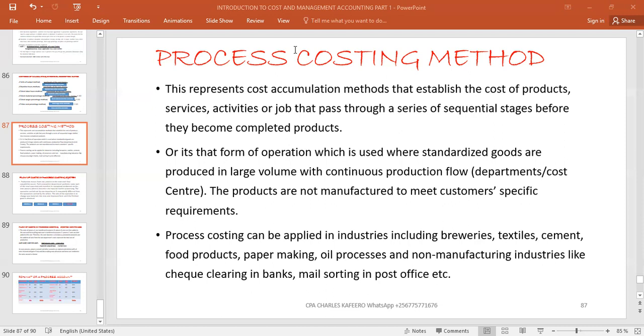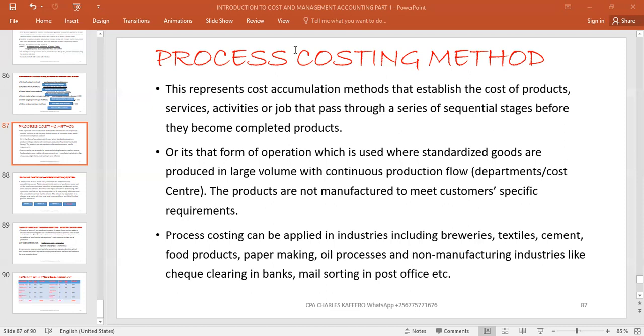So the products are not manufactured to meet customers' specific requirements, because in other methods like job costing, the person produces only according to what the customer wants.